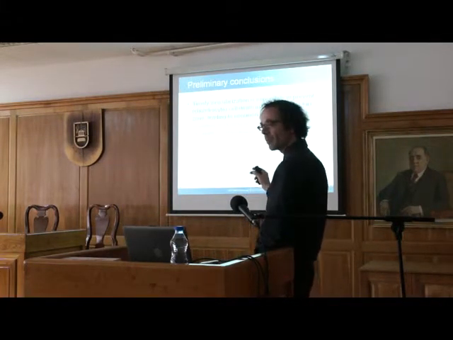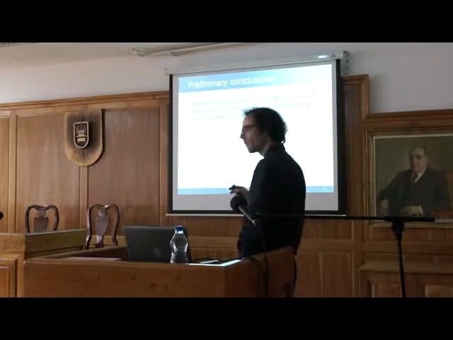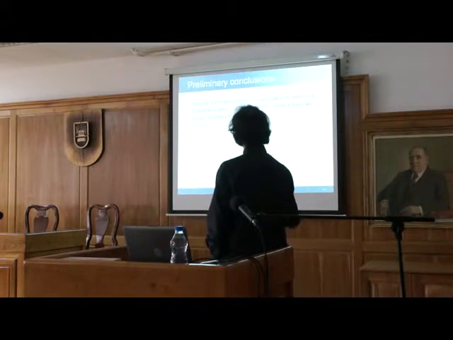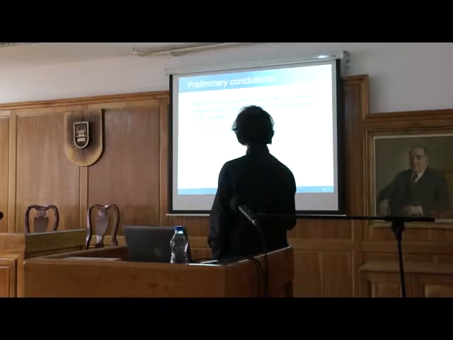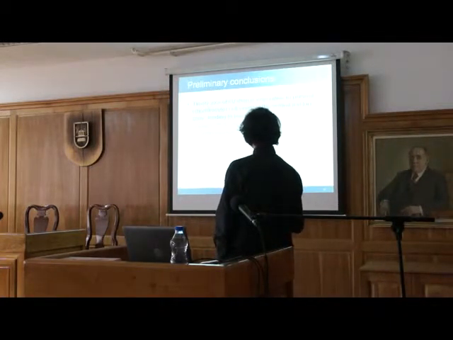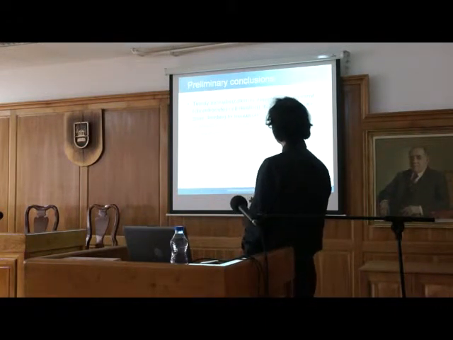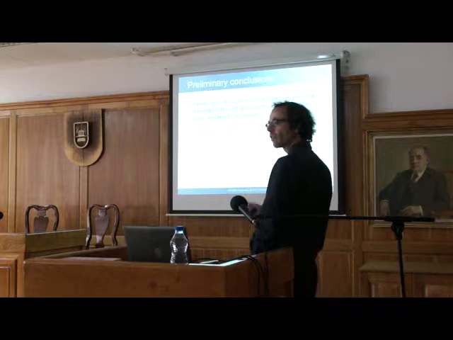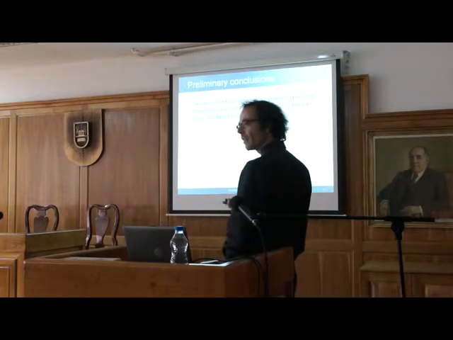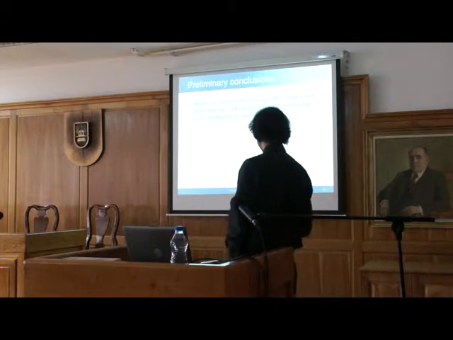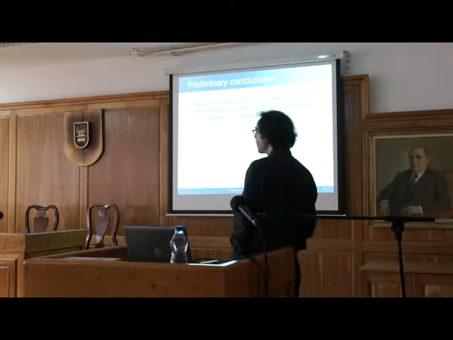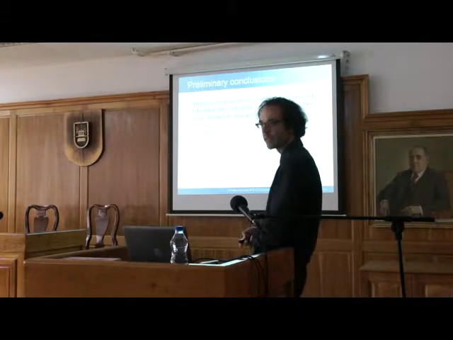This is just a preliminary conclusion, because like I said, this is ongoing work. But what we see is that timely arrival of vessels is really key to healing these large bone defects. Because if it takes too long for the vessels to arrive, all the chondrocytes are dead and they cannot express any VEGF anymore. And so obviously it also means that the migration speed of the endothelial cells is a crucial parameter.